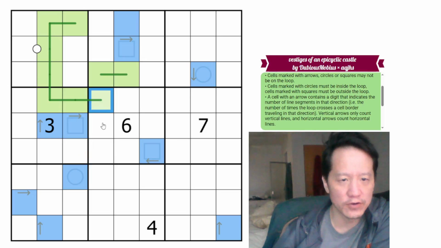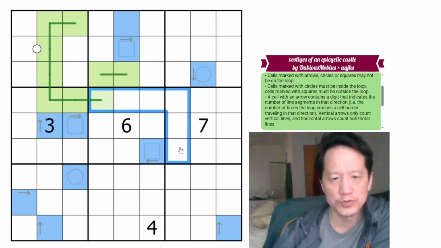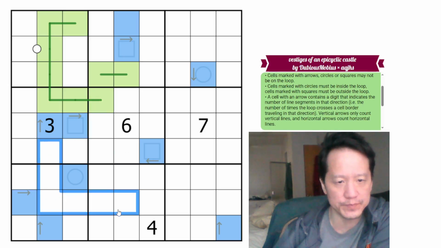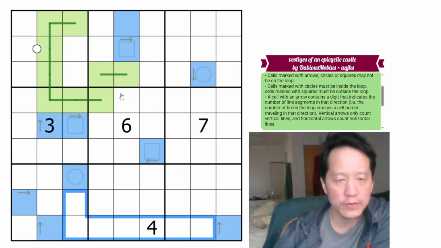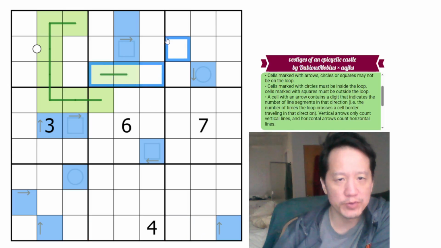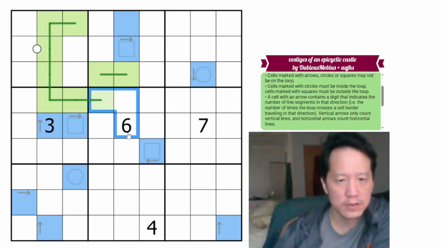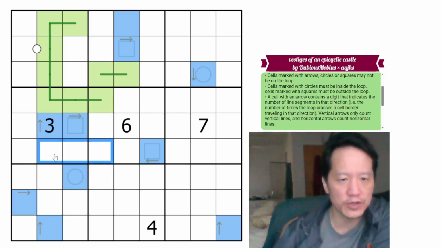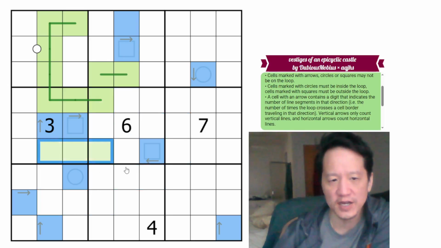So we know either it goes down here and then loops here, because this has to be inside, or it goes around this. So both of these go either down, and this goes there, or they both loop this way, and then this has to go around that way. So either way, these are on the loop. So these have to be on the loop.